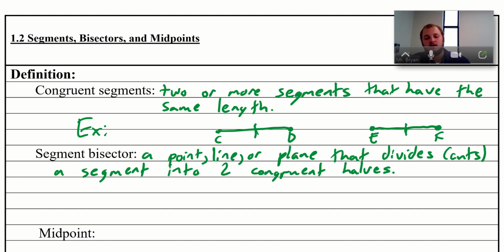Into two congruent halves. So write that down and then take a sec and try to understand that.